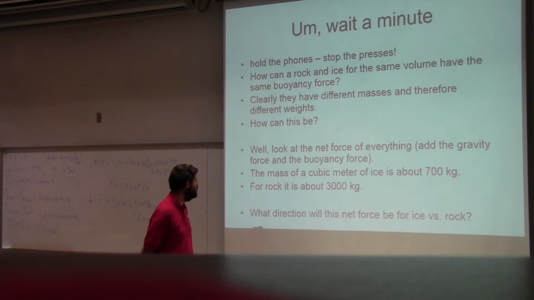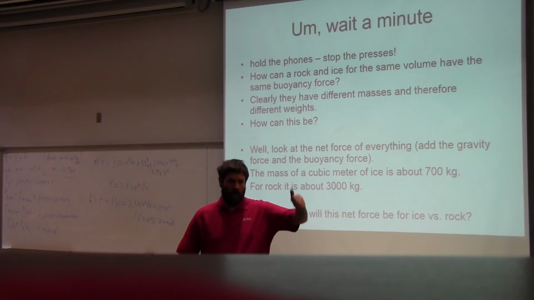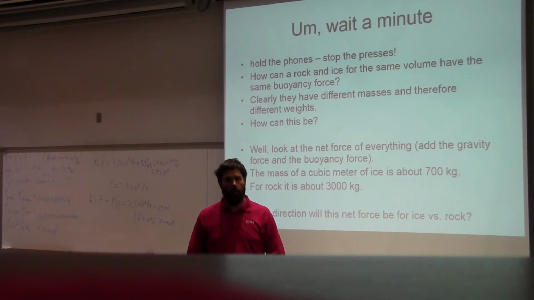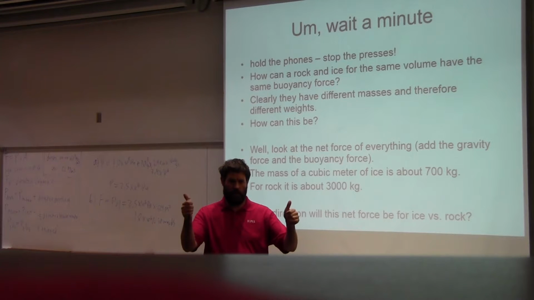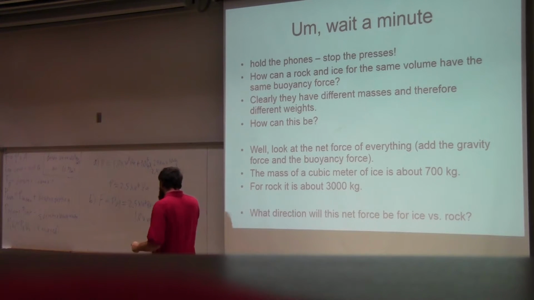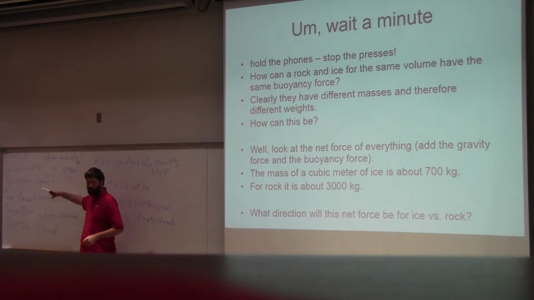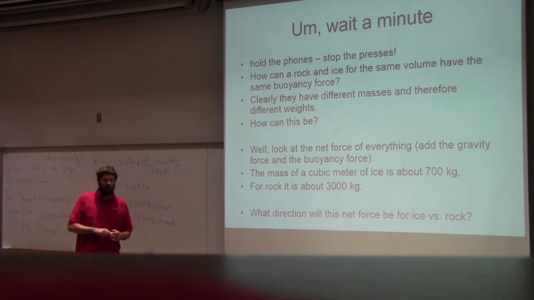Which one has the greater buoyancy force? The 1 cubic meter of rock or the 1 cubic meter of ice? Okay, so look at the equation. And think about what goes into this equation. And give your answer.